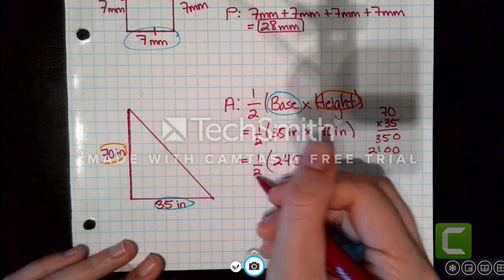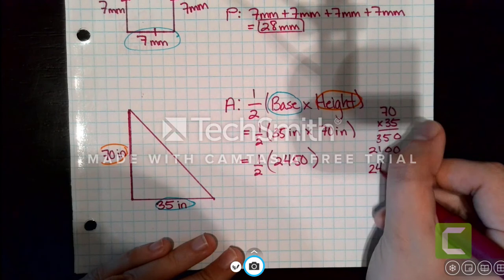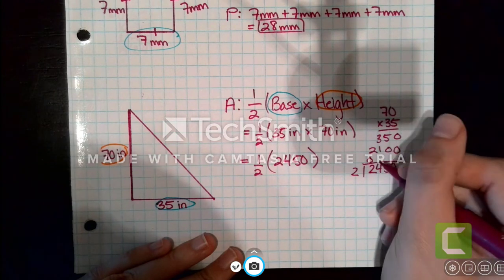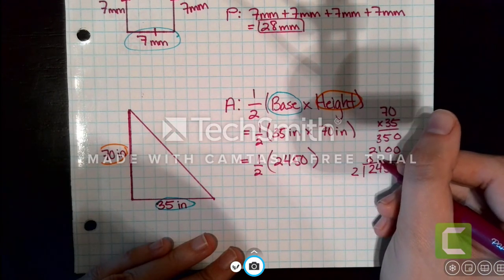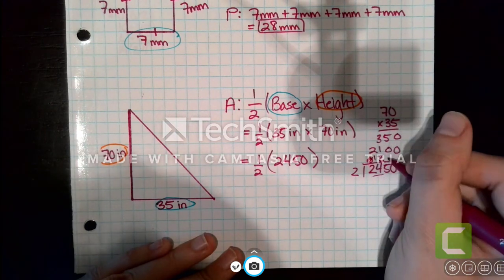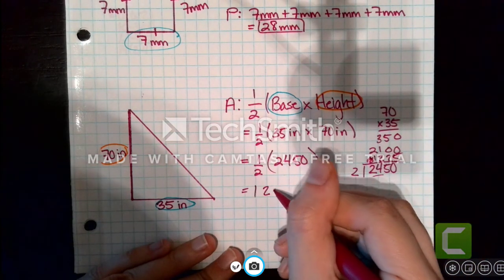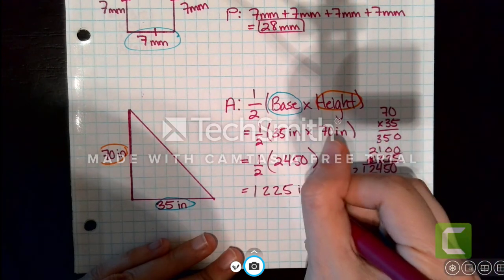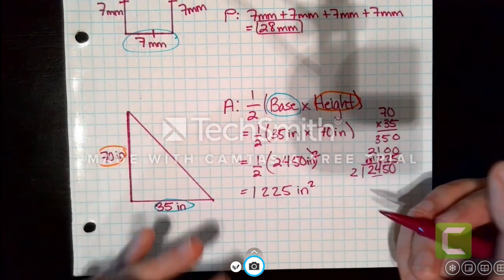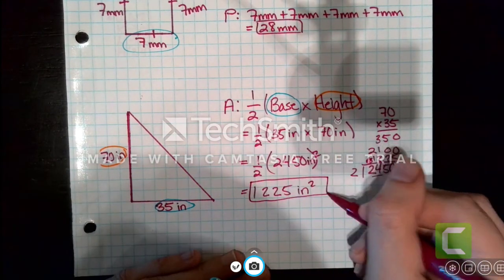And if we were to take half of 2,450, that is about 1,225 inches squared. Do not forget those inches squared. Again, it is area, so we have to make sure that our units remain squared in the final answer.